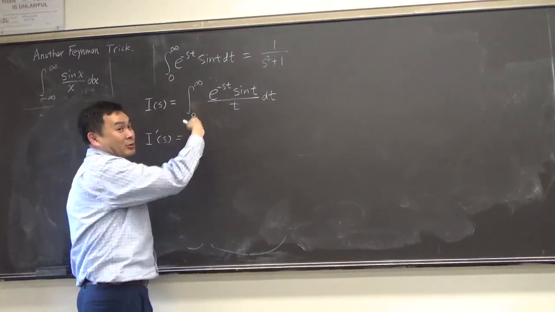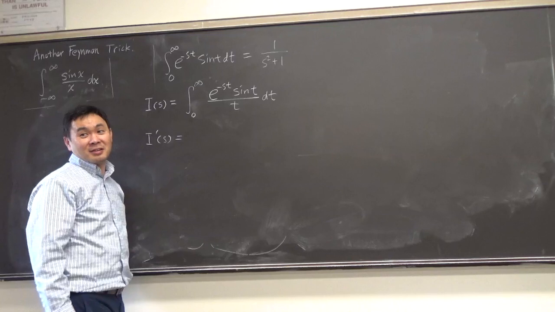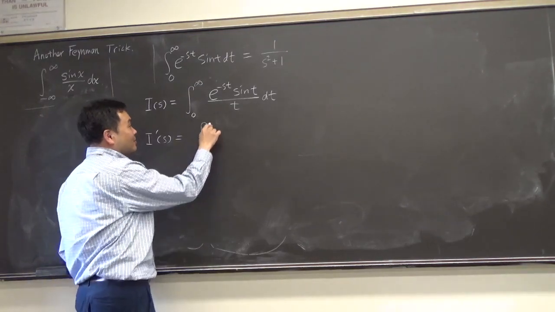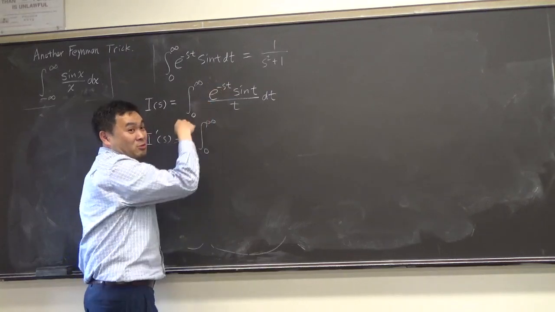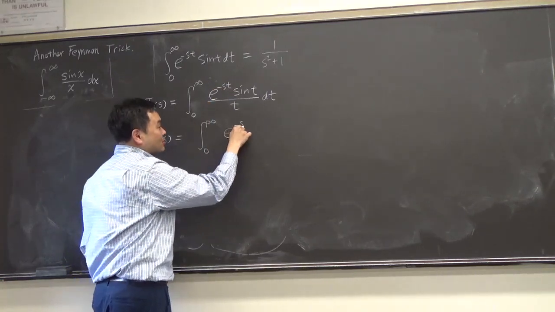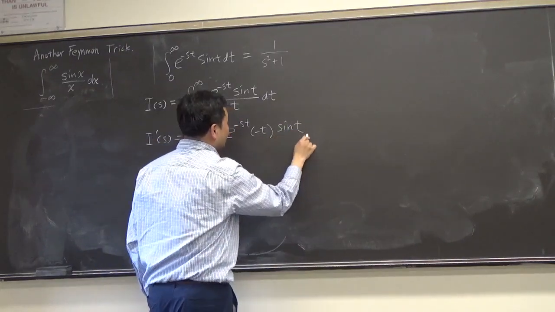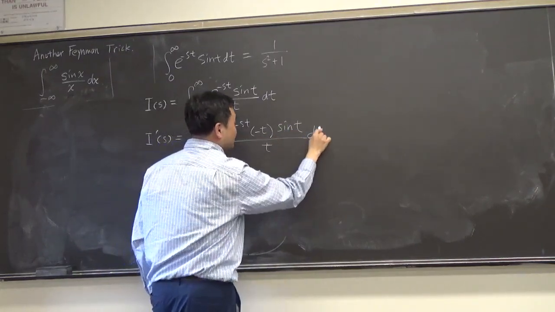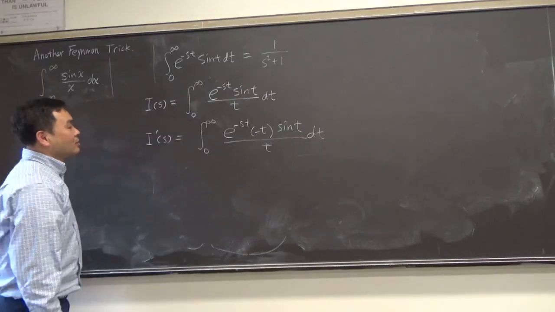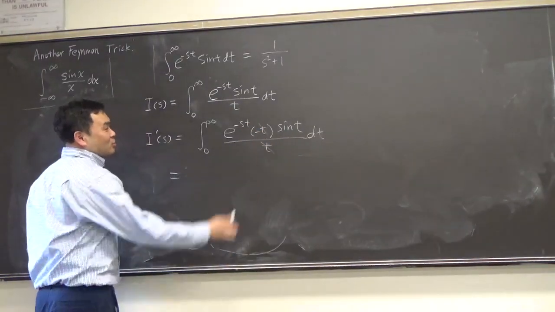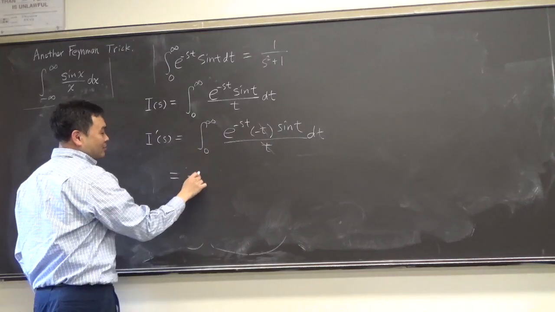And what does that bring down? Negative t. If you differentiate this using the chain rule, it'll be e to the negative st times negative t sine t over t dt. And then t cancels. You can bring the minus outside.